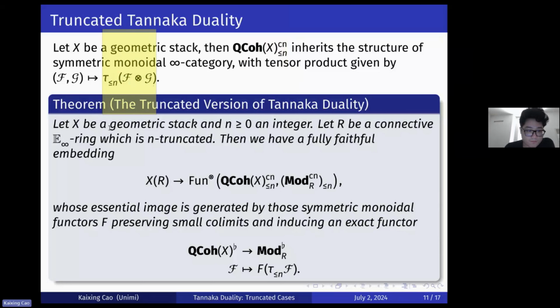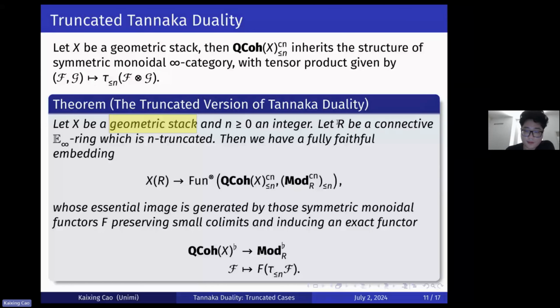This theorem also tries to recover the R points of a geometric stack from the functor category between the untruncated quasi-coherent sheaves.